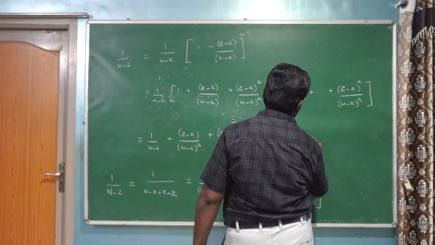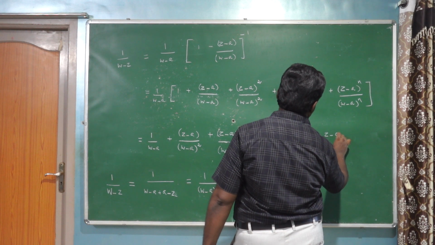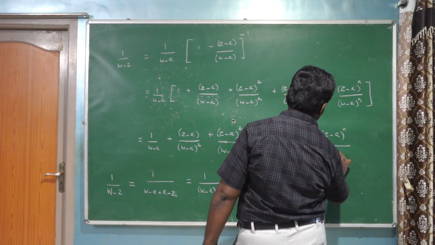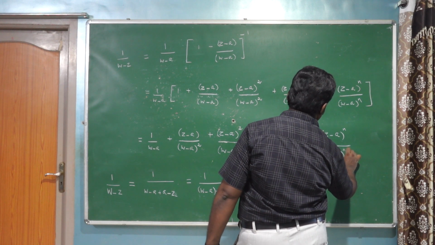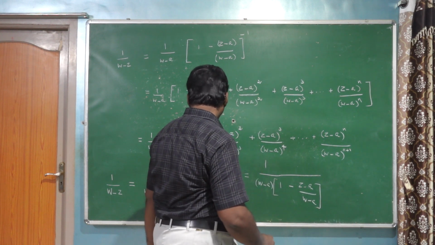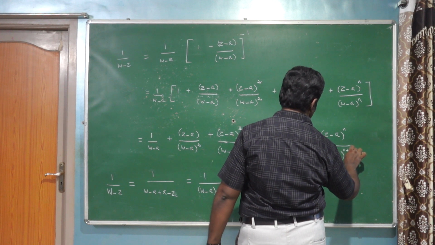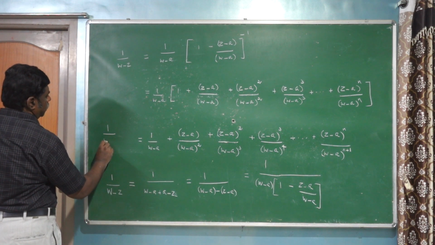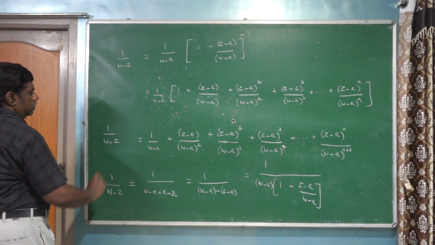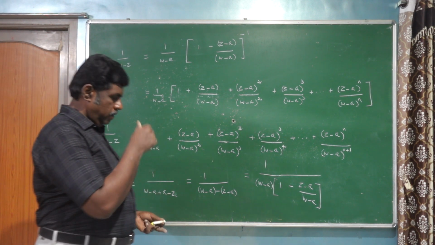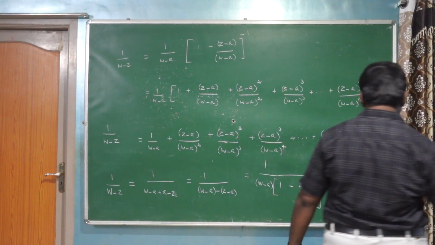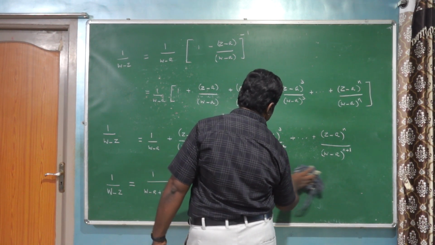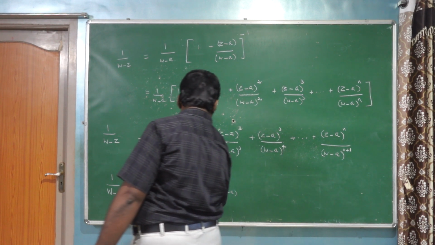And the last term could be Z minus A power n divided by W minus A power n plus 1. Here we have to put 1 divided by W minus Z. Now we have to multiply all the terms by f of W and then integrate.